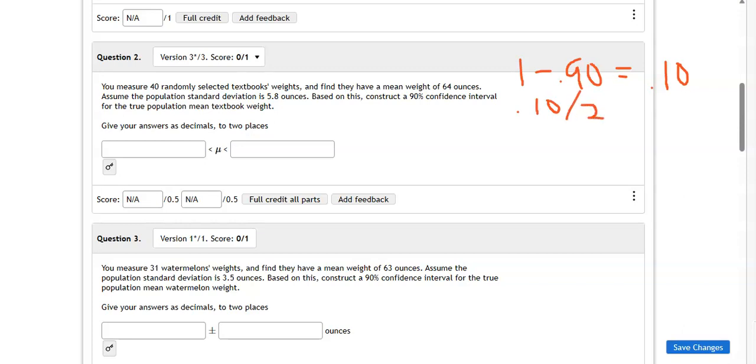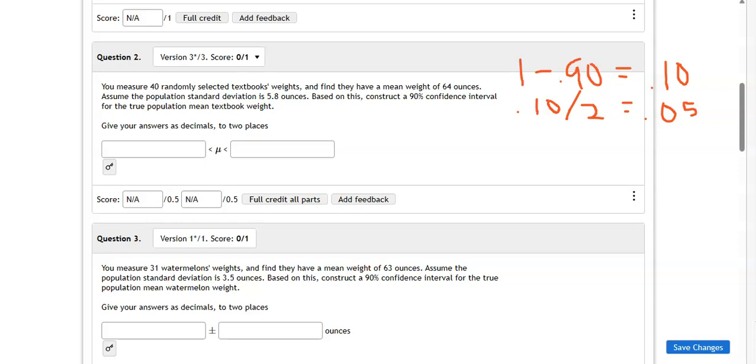And that is 0.05. Okay, now I'm going to look up 0.05 in Excel. This is a large sample. We have 40, so that's bigger than 30, so we'll use the standard normal distribution. I'm going to put 0.05 in.